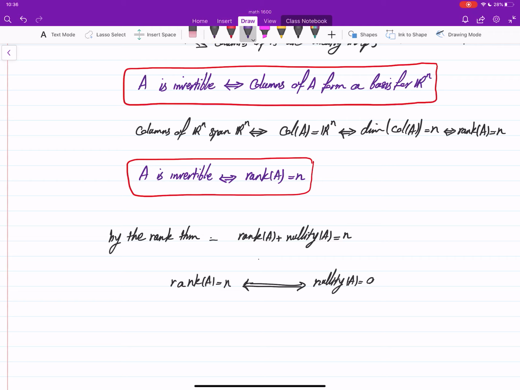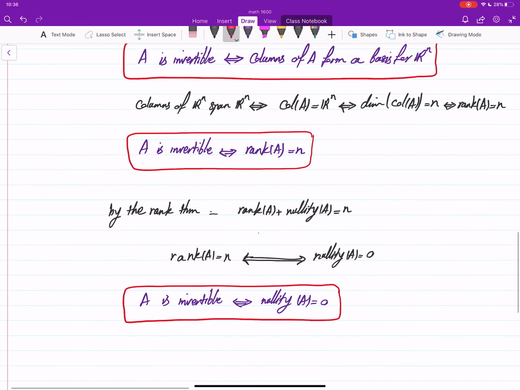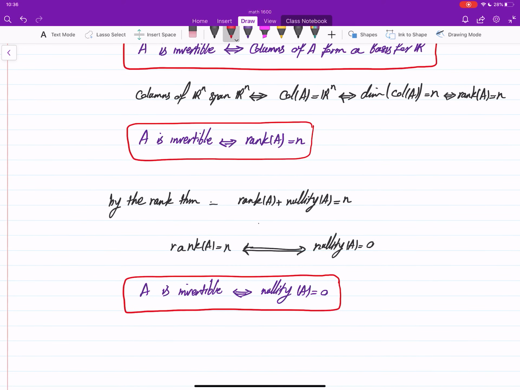That will give me another version: A is invertible if and only if the nullity of A is equal to 0. Rank must be n, but nullity needs to be equal to 0. This is nice.